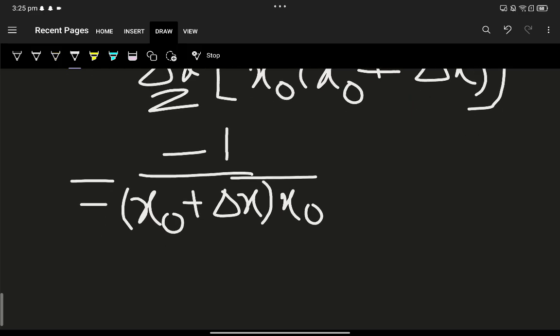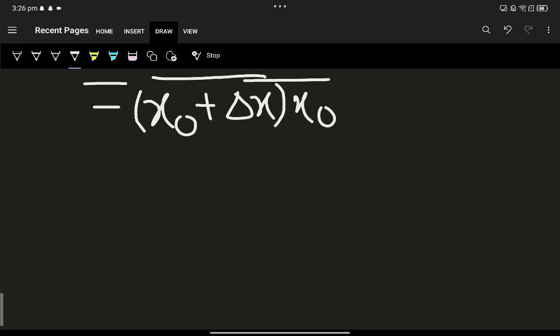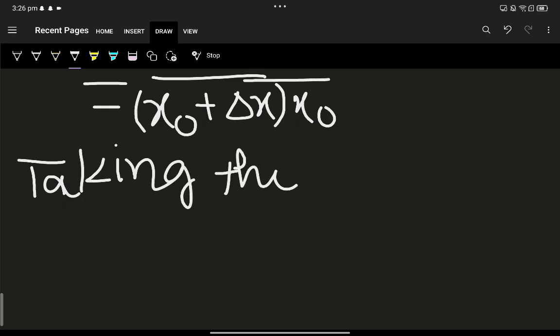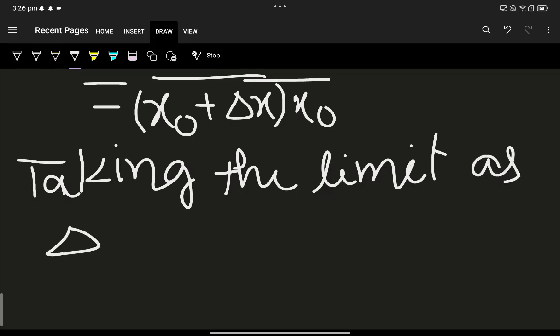And now we'll take the limit. We have solved it, we have done some cancellations. As I told you previously, you can't just put delta x as 0. You have to do some cancellations over there, and then now taking the limit as delta x approaches 0. So I can just write it, taking the limit as delta x approaches 0.